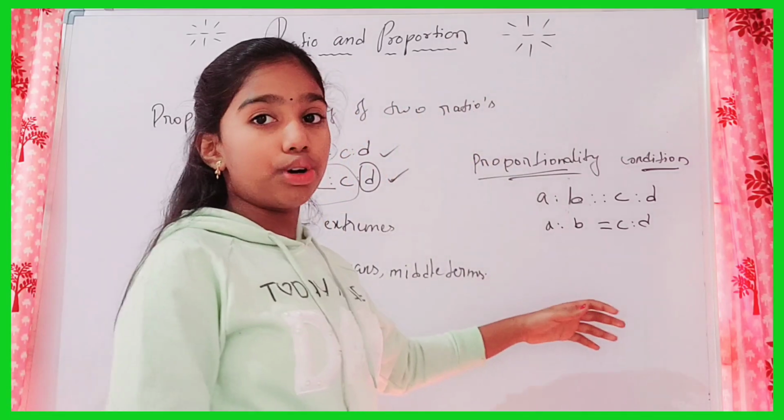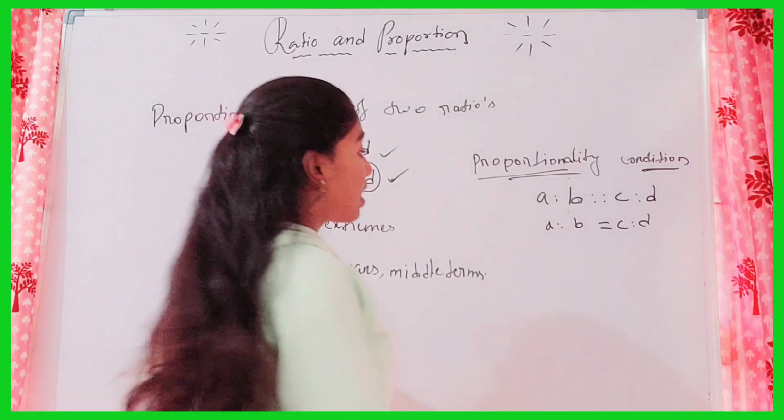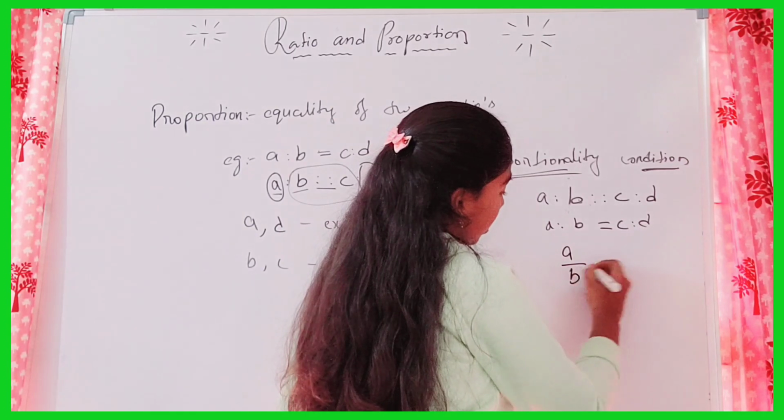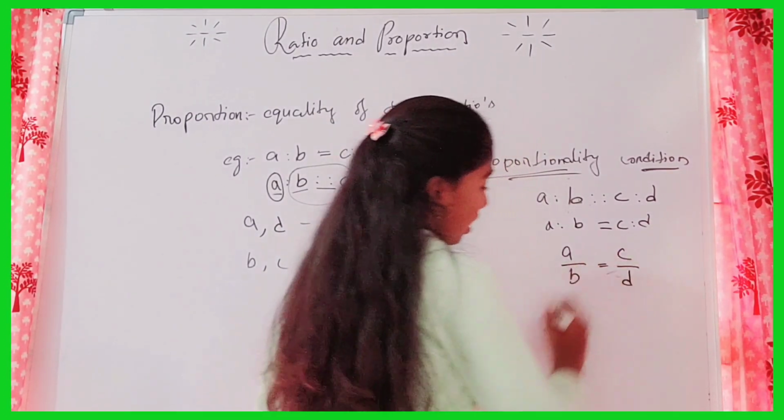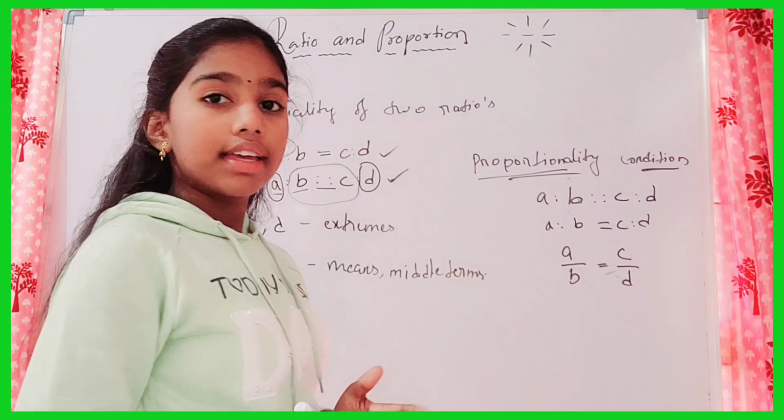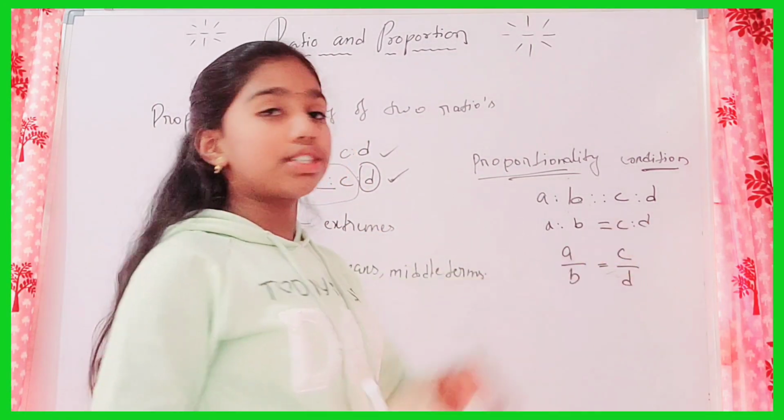So the fraction form is A by B is equal to C by D.